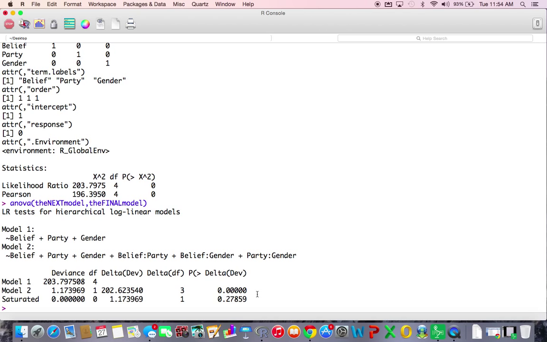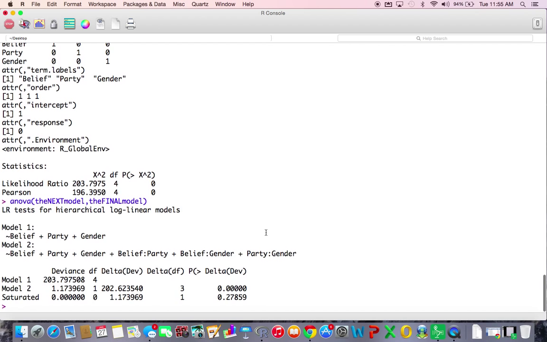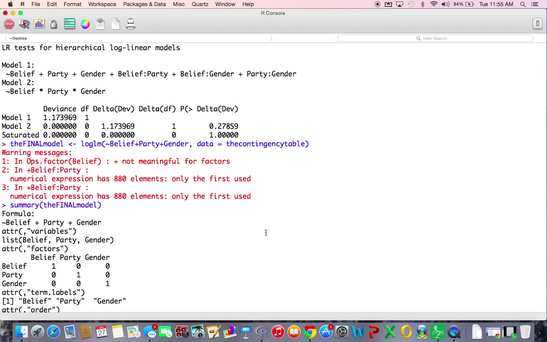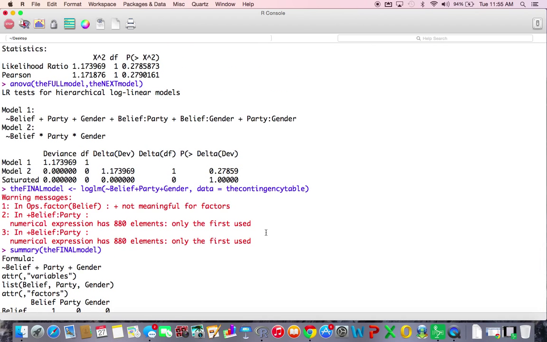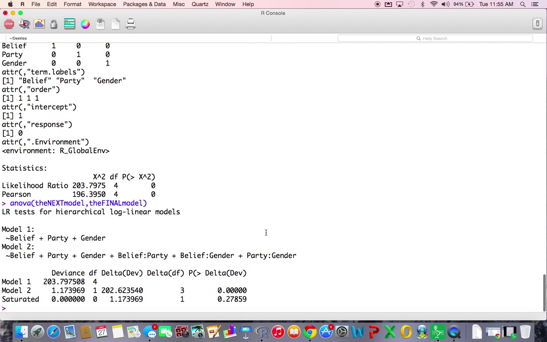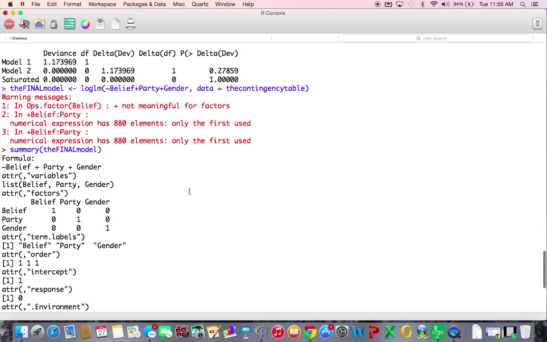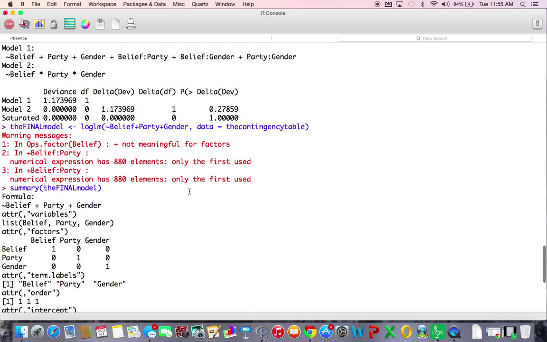Now, what I'd like to do here is, what do I want to do? So we've got statistical significance in the change of the model between the two-way interactions, right? Yeah.